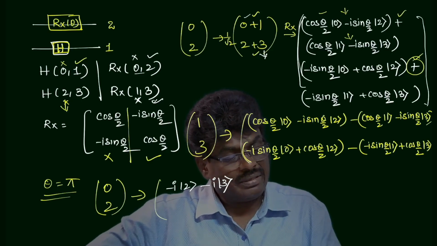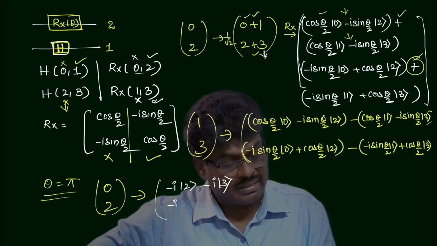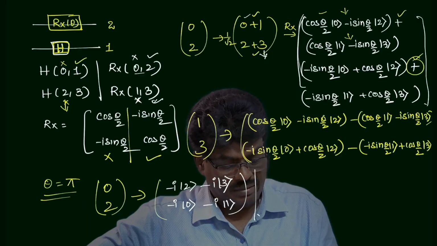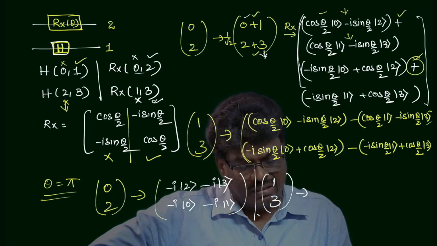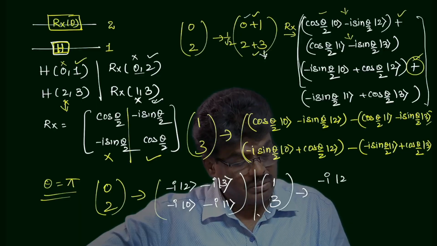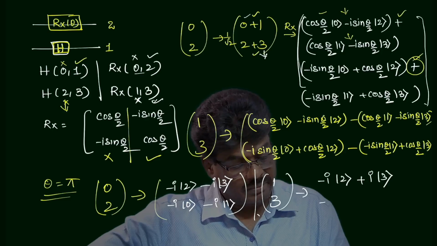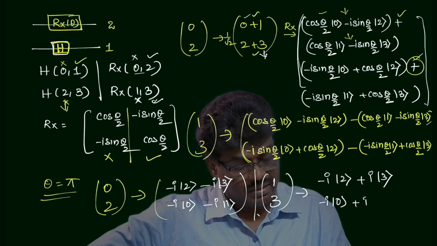And the second one, cos 90 is 0, that's why it is minus i 0 minus i 1 and 1 3. Okay, so this is minus i 2 plus i 3 and minus i 0 and plus i 1.